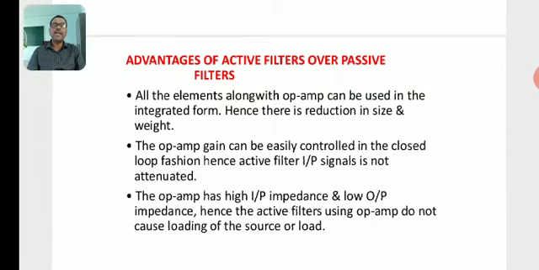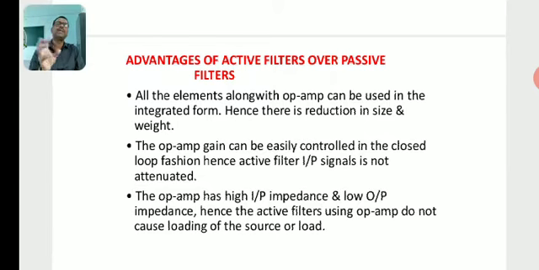The op-amp can also be easily controlled in closed loop fashion, hence the signal is not attenuated. Signals can be controlled easily in active filters compared to passive filters. The op-amp has a high input impedance and a low output impedance.